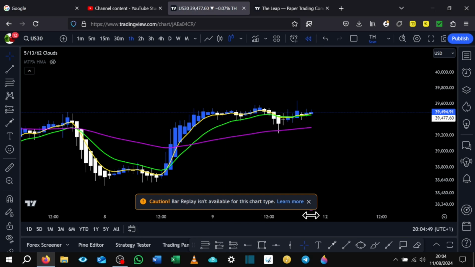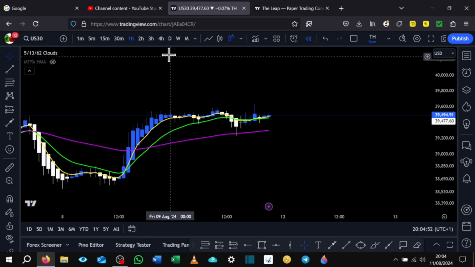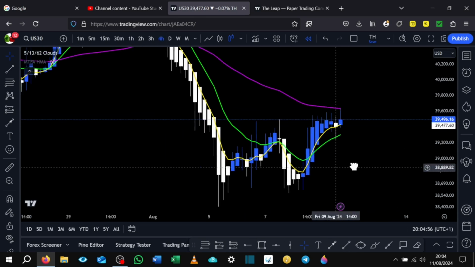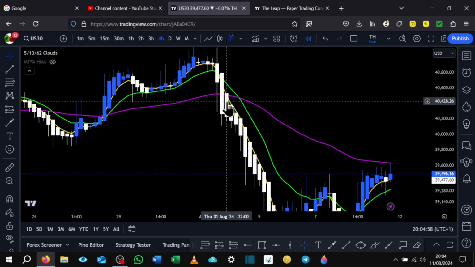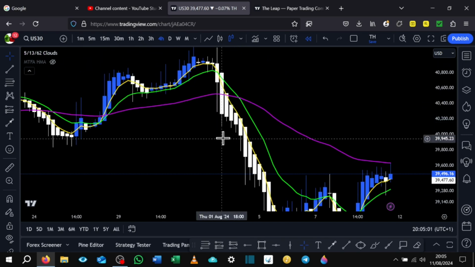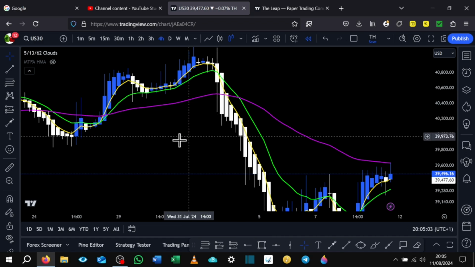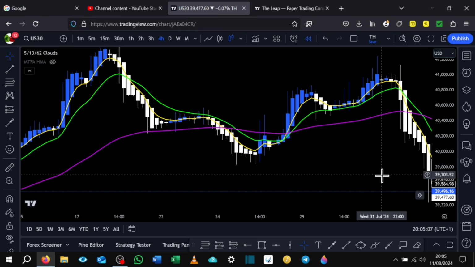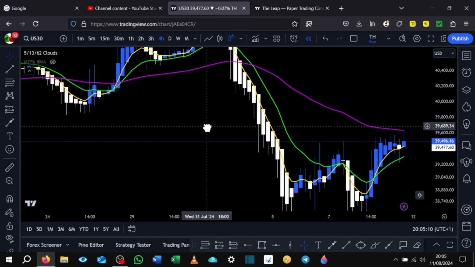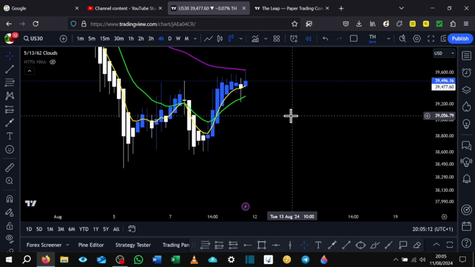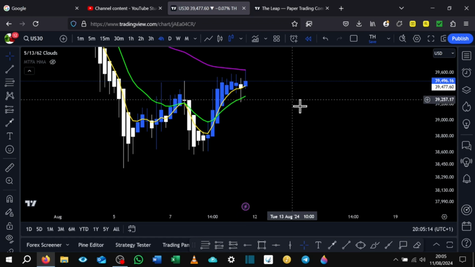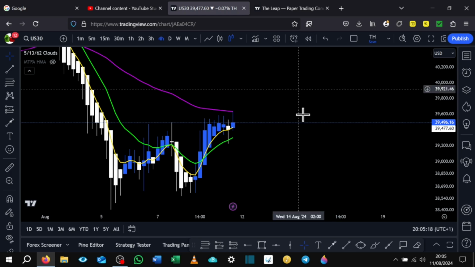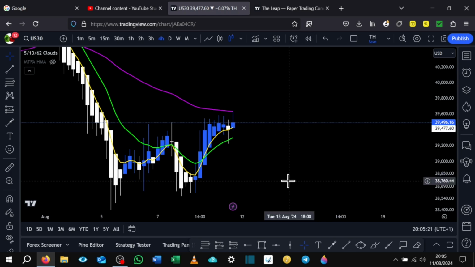Bar replay isn't available for this chart type. All right, let me look into this, but the bar replay is pretty cool. When you do some back testing, you can click there and say, let's see what happens moving forward if my alert went off here, for example, and then the market would play out. It's a shame I can't get that to work at this moment in time, but I will be using that because it's pretty cool to show you as I'm teaching.